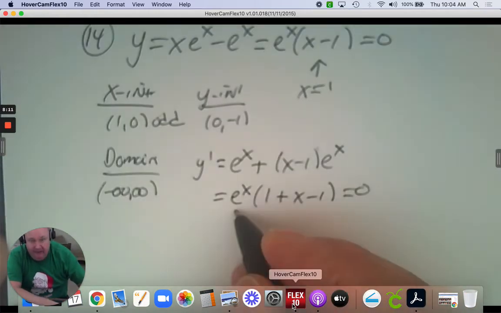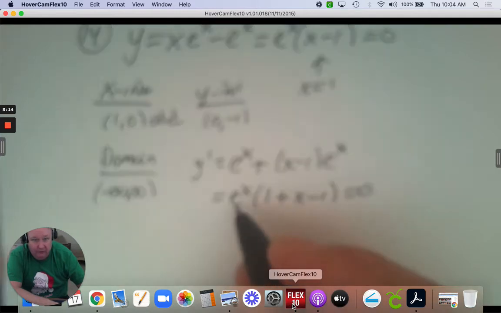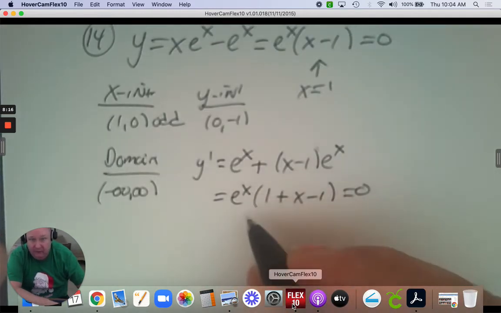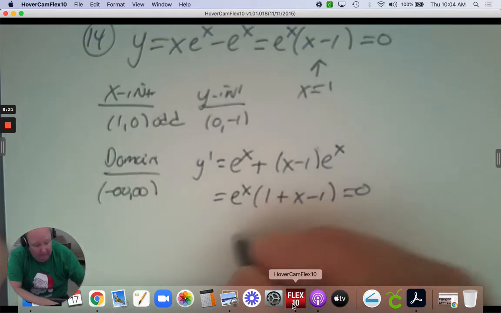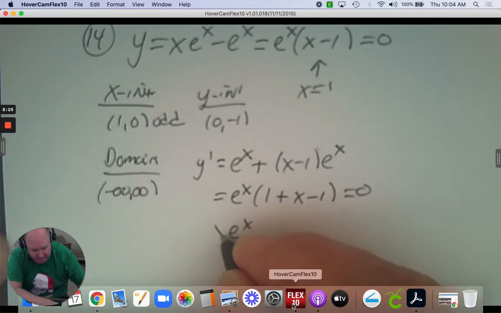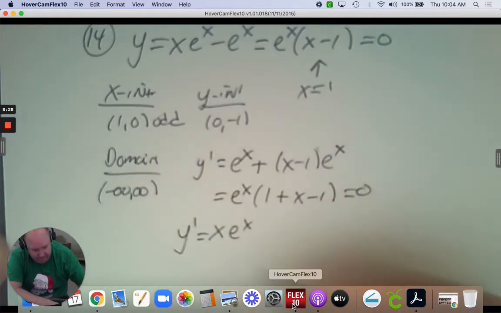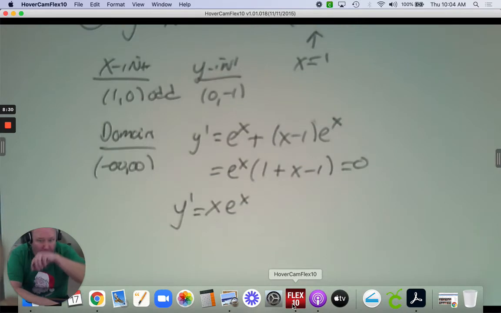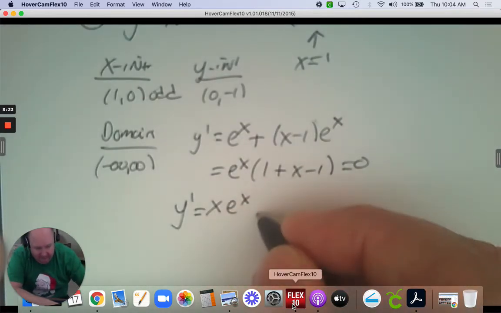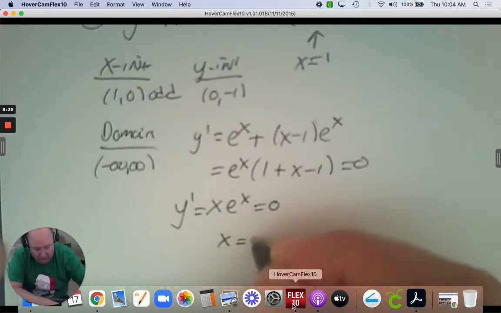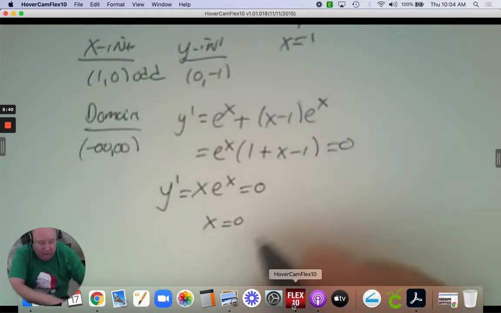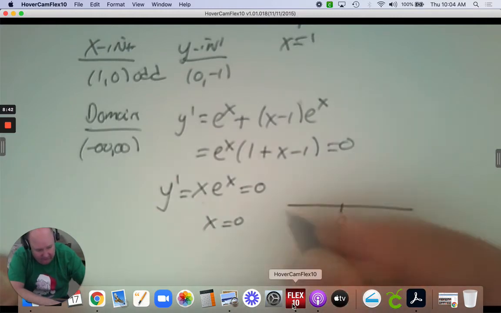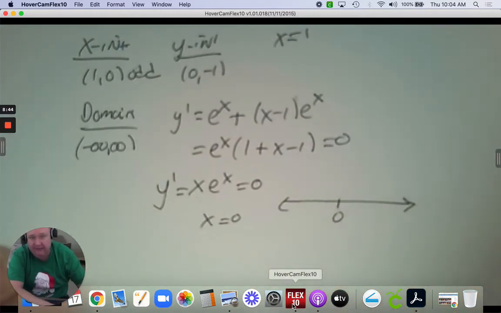Now, again, e to the x can never be 0. So if you take each factor equal to 0, e to the x has no solution. But this one does. If I go 1, take away 1, this is really e to the x times x. And as such, if you make it equal to 0, the only solution there is at 0. So when x equals 0, all of this is 0. So I'm going to draw a number line, and 0 is the only one I'm going to look at.